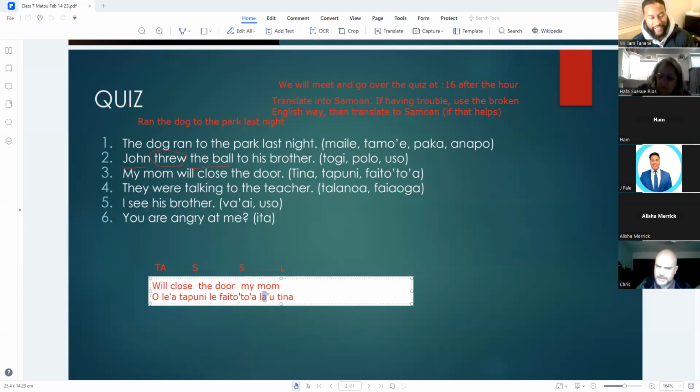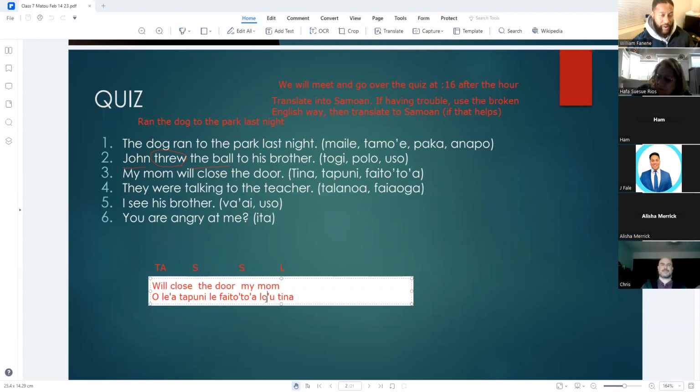Yeah, exactly. Okay. And just in case anyone doesn't know, the reason why we changed it is because mom is an O class sort of thing. We don't want to say la'u tina, because we want to give mom the respect: mom, dad, grandma, grandpa, even our brothers and sisters. Because we didn't choose any of these people. You're supposed to love them, and they were given to you, so they're all O class.